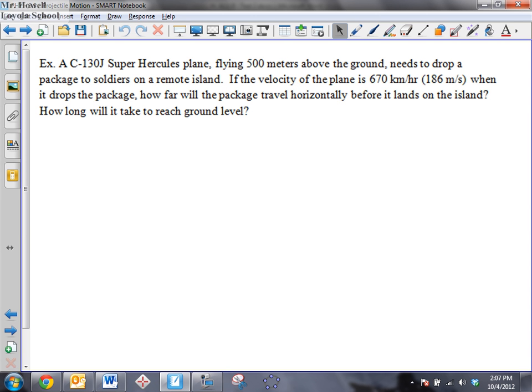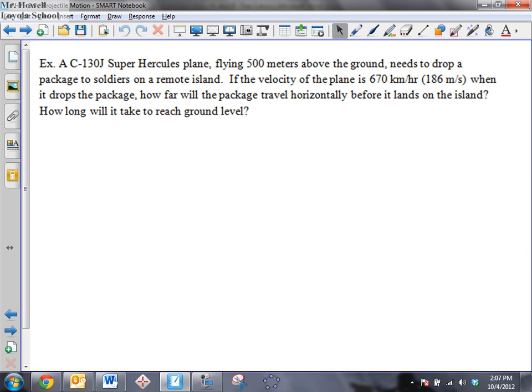Now, if the velocity of the plane, and this is the actual velocity, is 670 kilometers per hour, which I converted for you to 186 meters per second, when it drops the package, how far will the package travel horizontally before it hits the island? And how long will it take to reach the island or reach ground level?